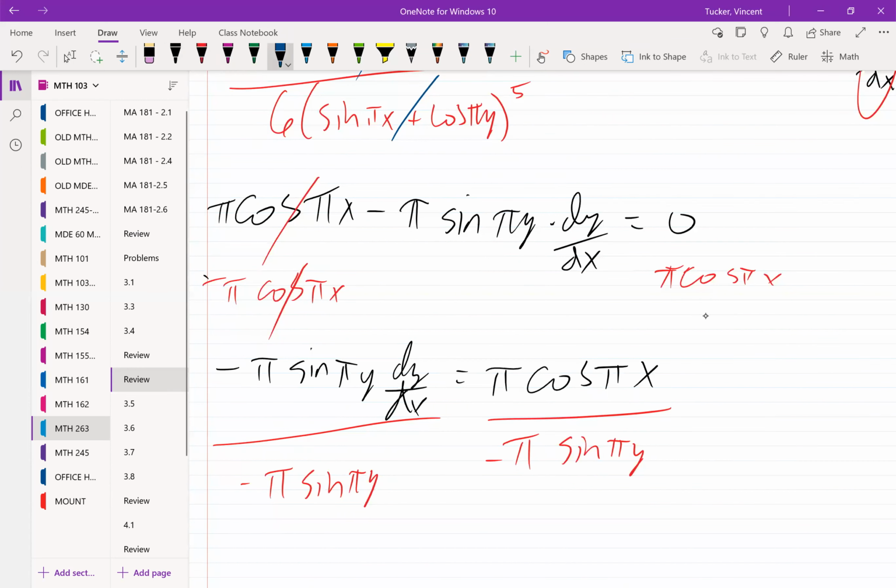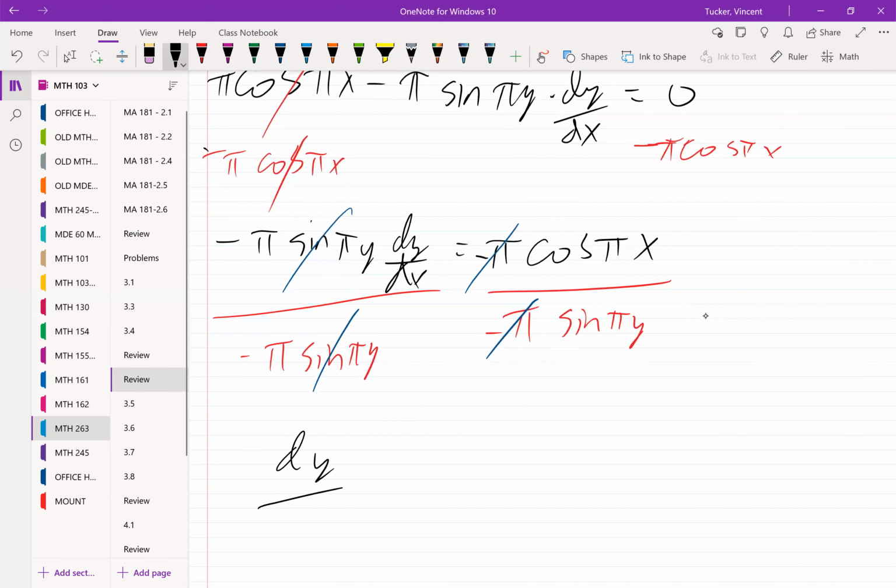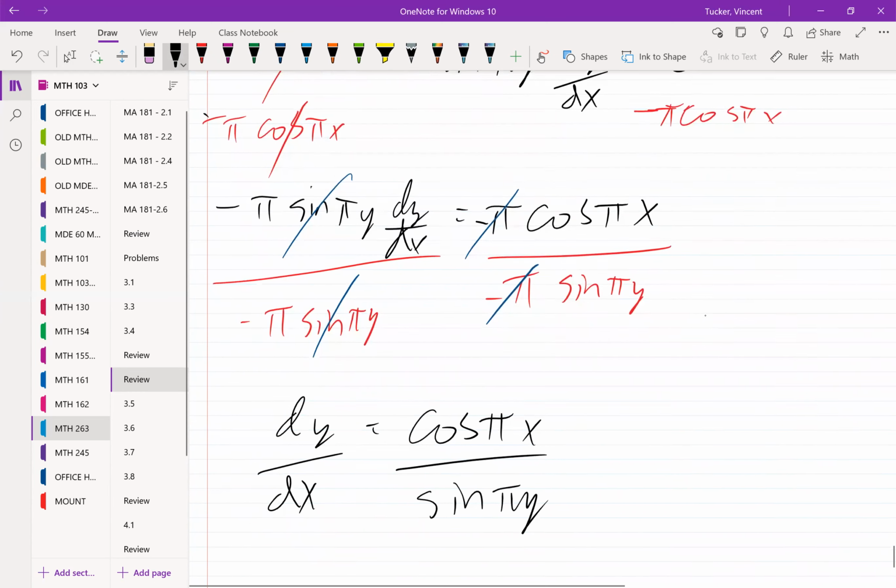So then the negative pi cancels, of course this cancels, and dy/dx is equal to cosine pi x over sine pi y.